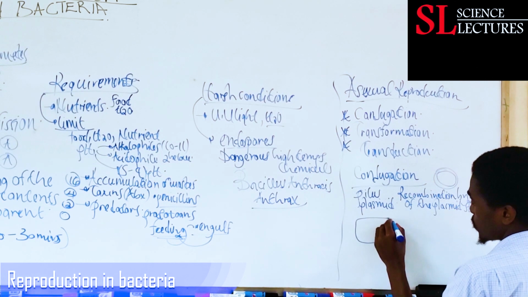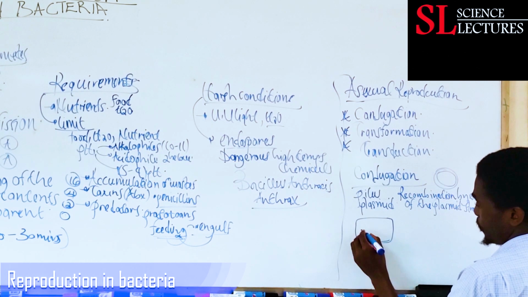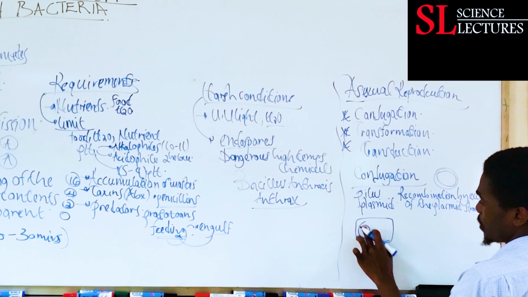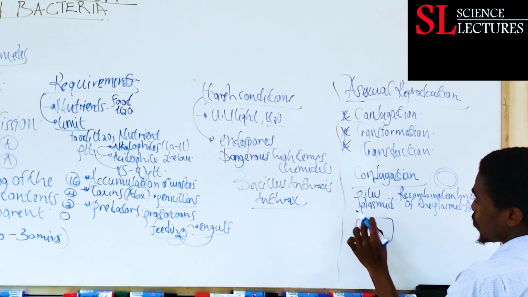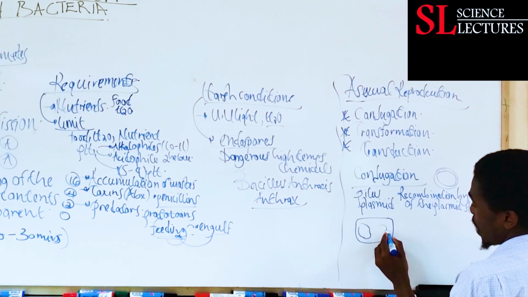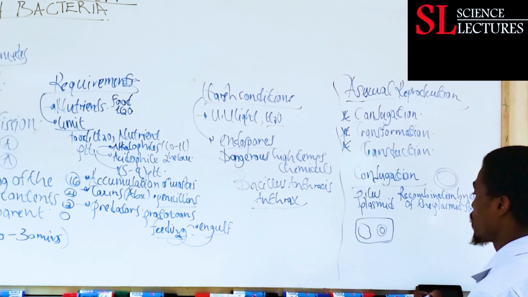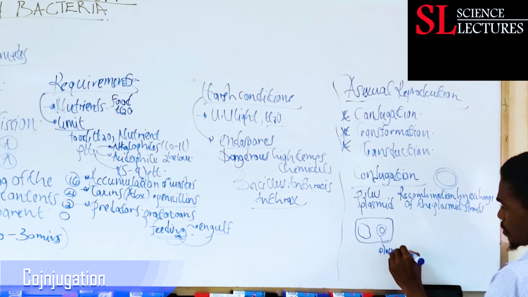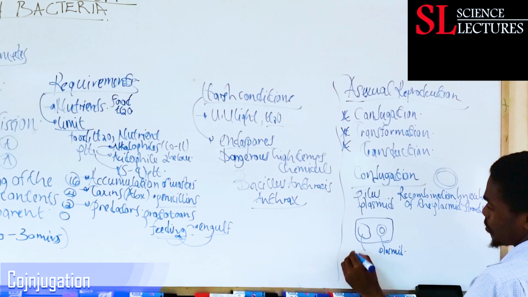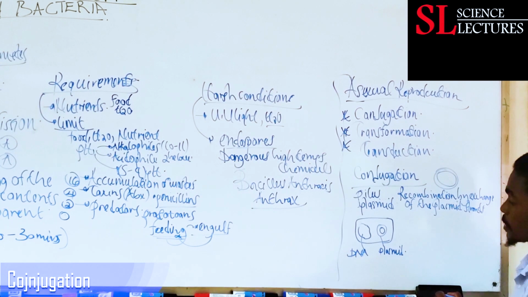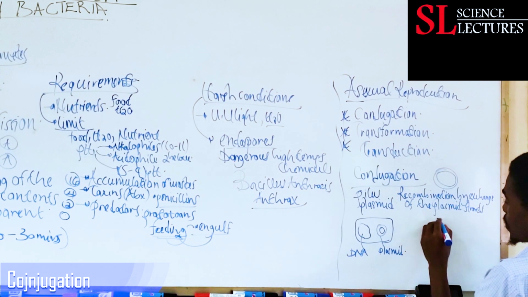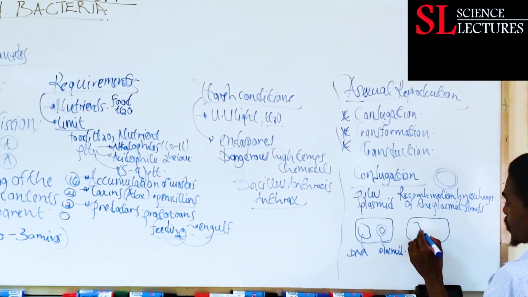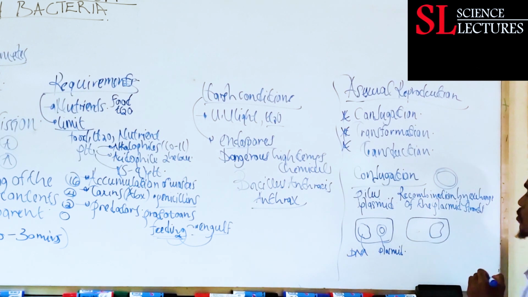Let's imagine this is our bacterial cell, and it has its chromosomal DNA, a single chromosome. Then this is the plasmid, and this is the actual DNA of the bacterial cell. Then we have another bacterial cell with only the chromosomal DNA.